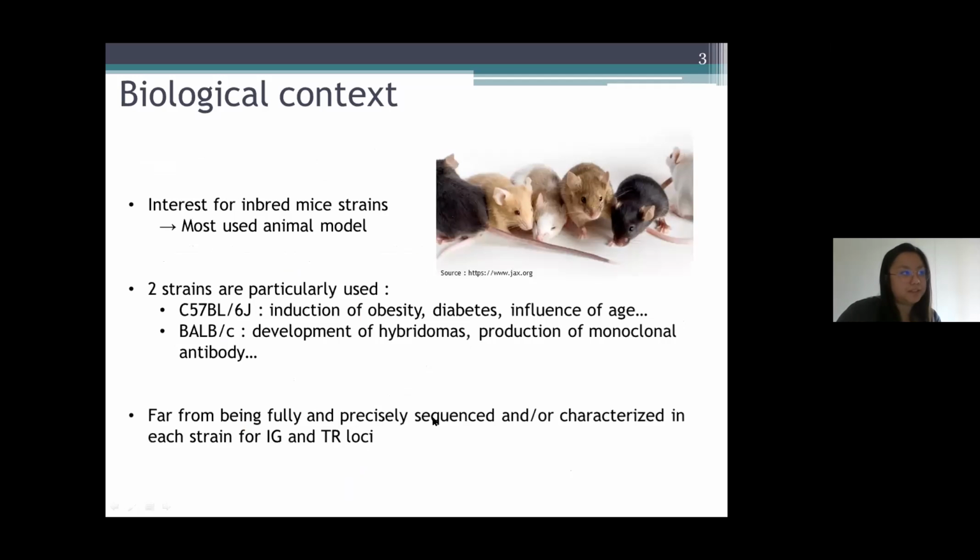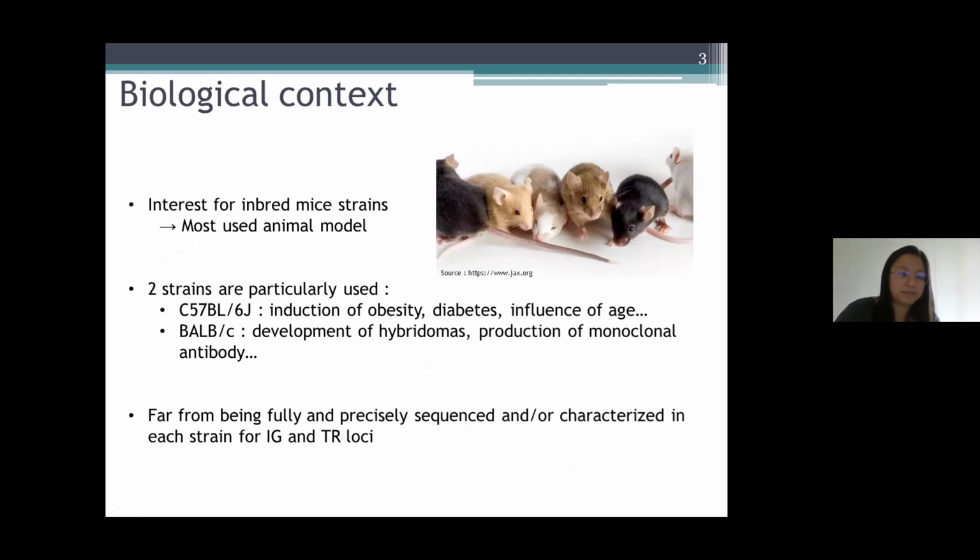For this study, we decided to get interested in inbred mice because it's the most used animal model, and two strains are widely used in biomedical research. We have C57BL/6J, which is studied for the induction of obesity, diabetes, and the influence of age.